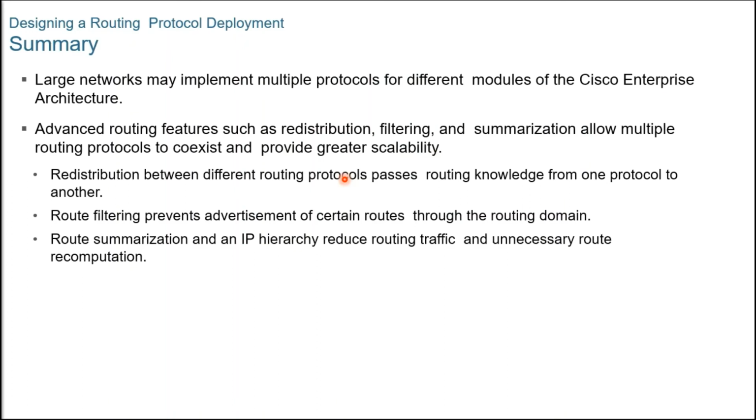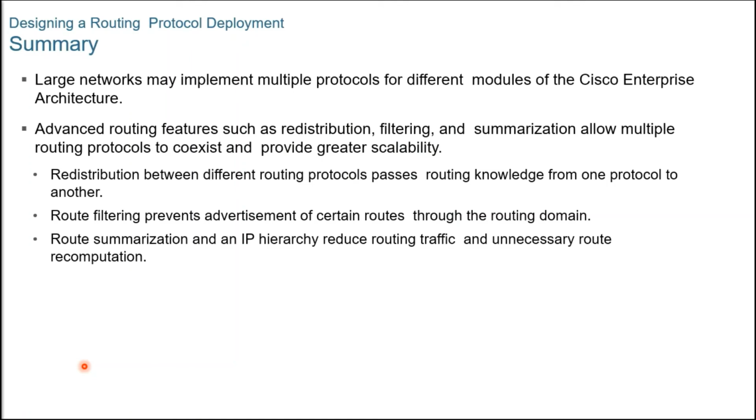Now, summarizing designing a routing protocol deployment. Large networks may implement multiple protocols for different modules in the Cisco Enterprise architecture. Advanced routing features such as redistribution, filtering, and summarization allow multiple routing protocols to coexist and provide greater scalability.